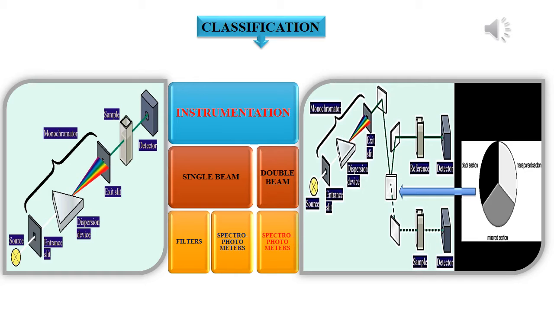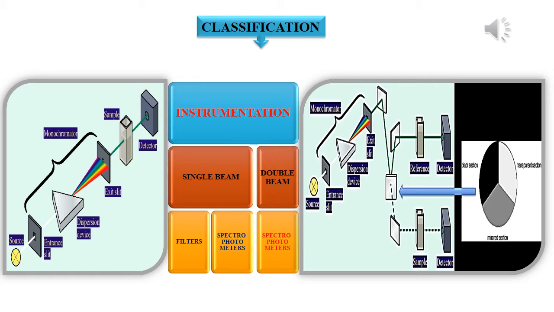Then spectrophotometers: from this instrument we can derive the spectrum as a report after analyzing, and it has a monochromator, a grating monochromator as the monochromator part, whereas a double beam instrument has a monochromator type of spectrophotometer. So spectrophotometers are available with both single beam and double beam, whereas filters are available with only single beam.